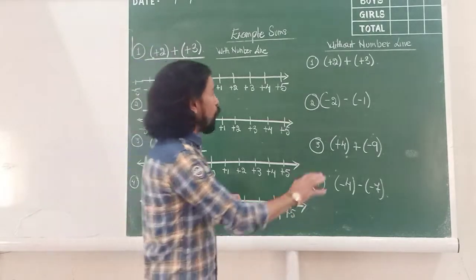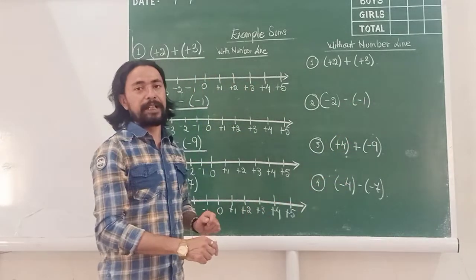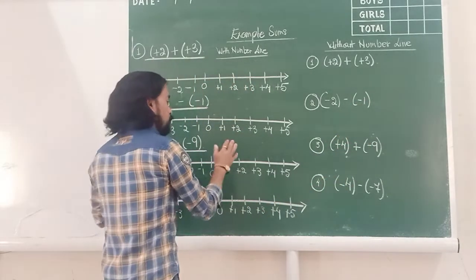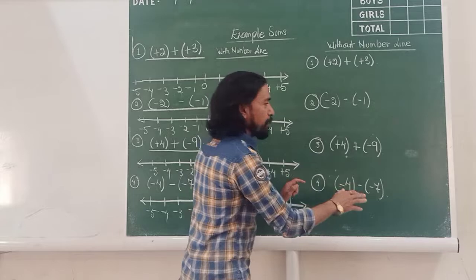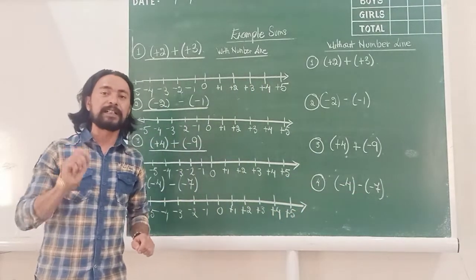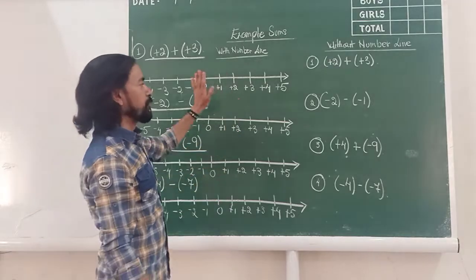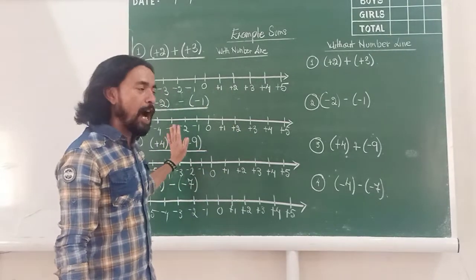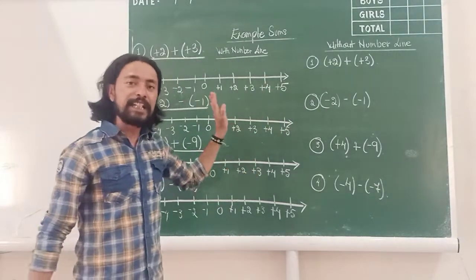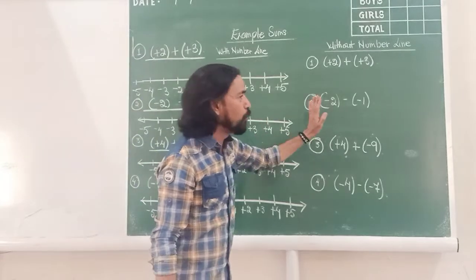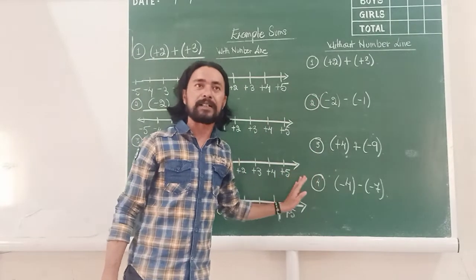So you have to also learn to do it without the number line. But whether you do it on the number line or without the number line, the answer is going to be the same. I am doing it on the number line for you here to show you that the answers do not differ.